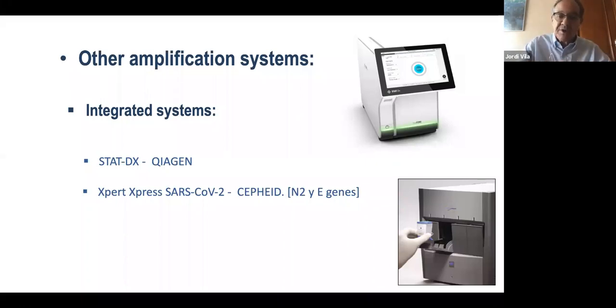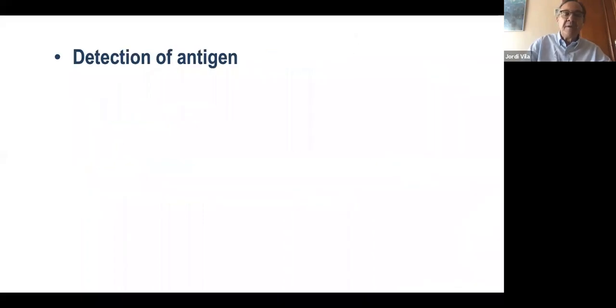So you put the sample, you come back after 1 hour and you take the result. It's a very good way to implement in an emergency department when you have patients that need a rapid result. This system is ideal for this kind of scenario.